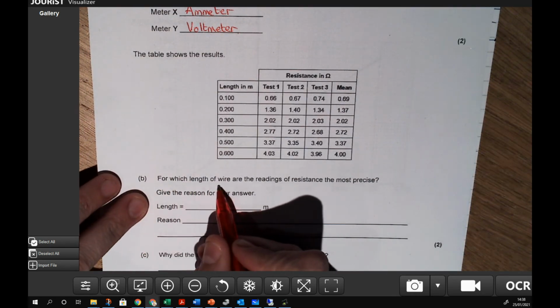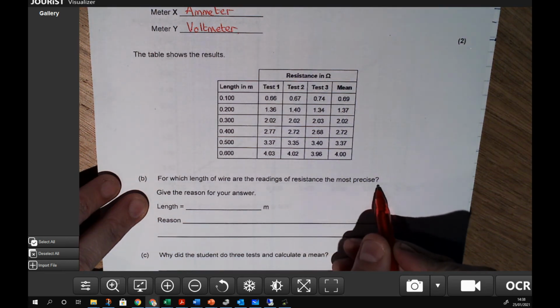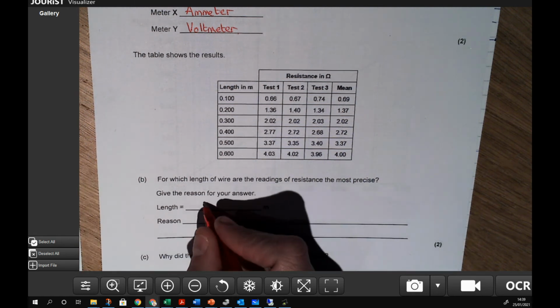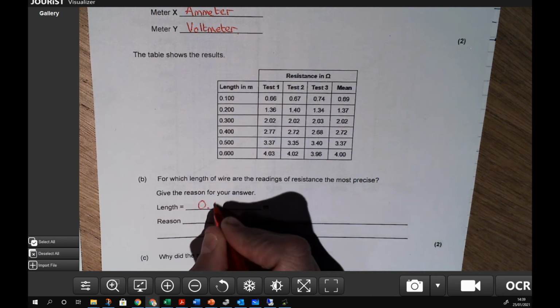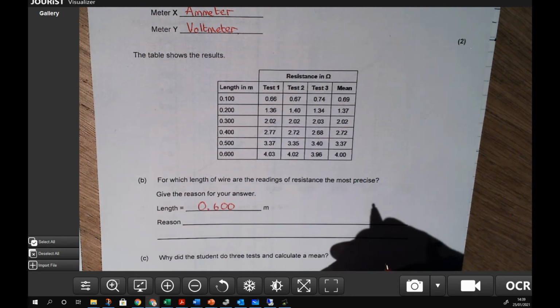For which length of wire are the readings of this resistance most precise? And the answer is the longest one. Now, this is a bit of a think about question. The reason is the longer the wire is, the greater the distance there is for any inaccuracies to be absorbed over.